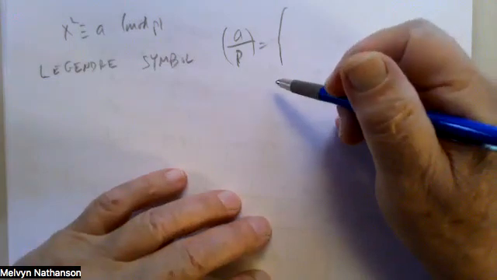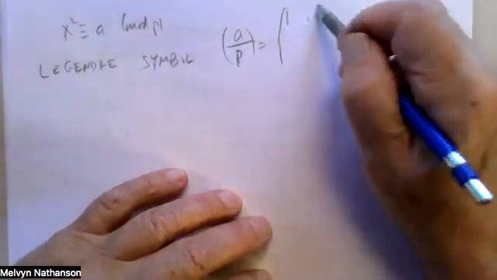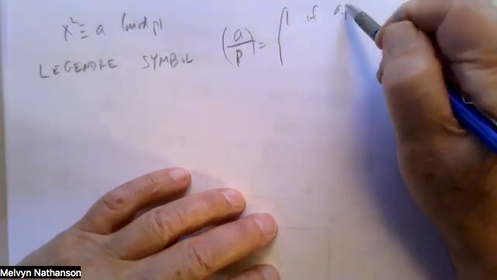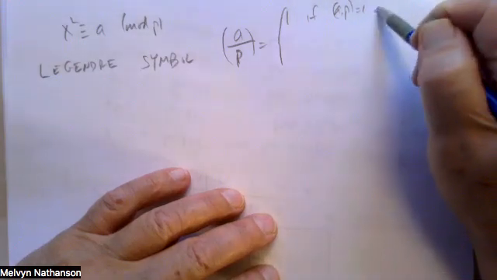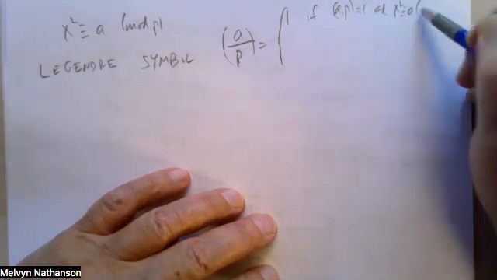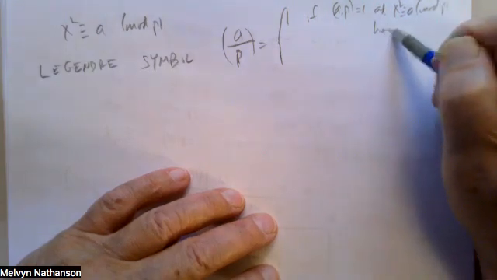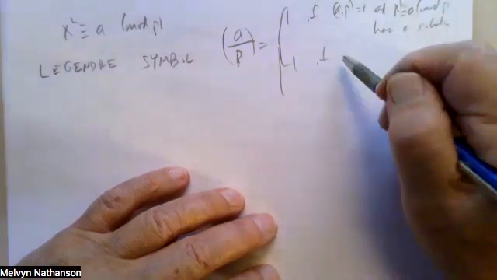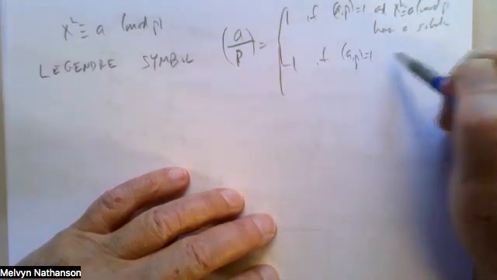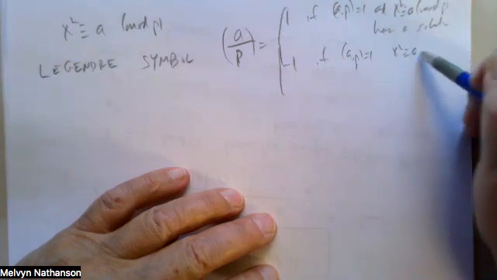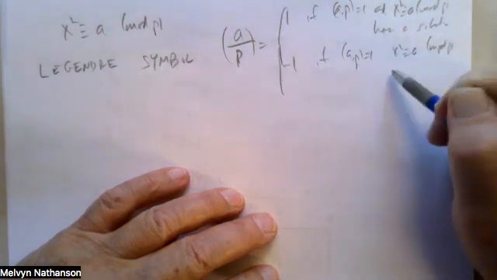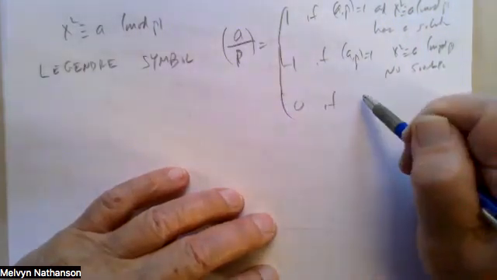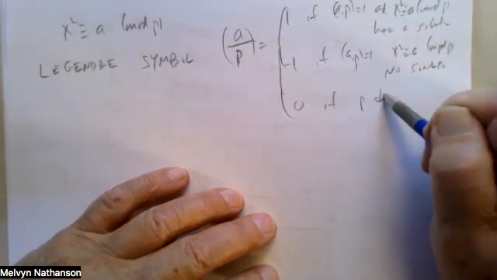This is defined to be 1 if a and p are relatively prime and x squared congruent to a mod p has a solution, -1 if a is relatively prime to p and x squared congruent to a mod p has no solution, and 0 if p divides a.